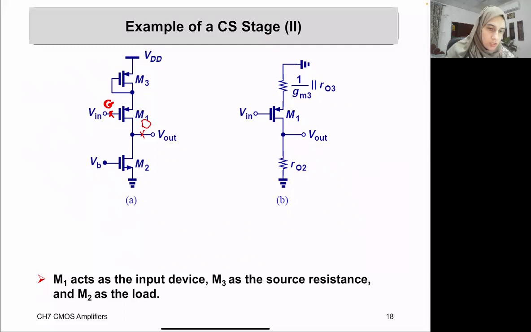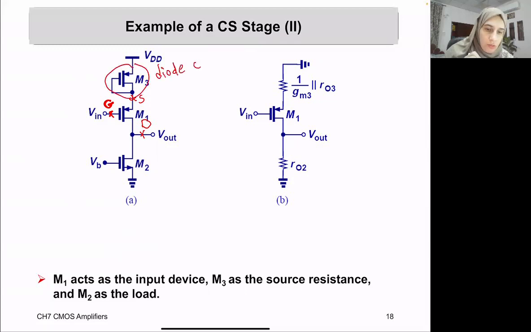And where is the source? The source is here. So this is a common source with degeneration. Why degeneration? Because you can see that the source is not connected to ground. There is something there, which is a diode connected transistor M3. So this is a diode connected transistor.